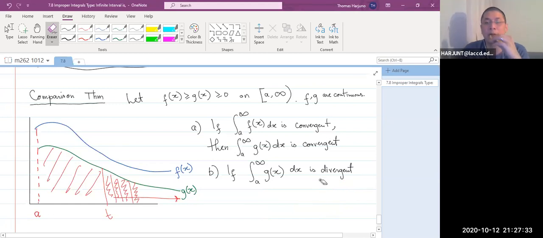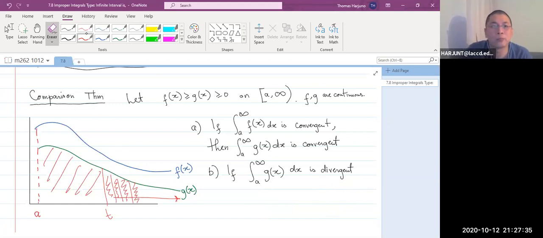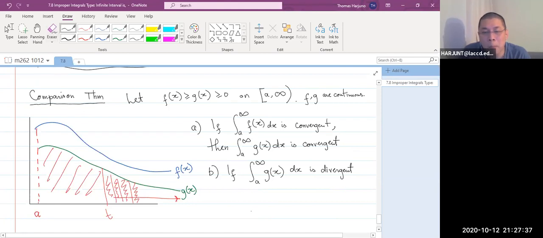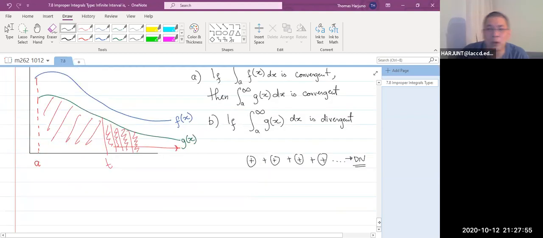Here you need to have some instinct. Now, if you have positive number plus positive number plus positive number, you keep on adding positive area. And you say at the end, oh, you know what? The area is divergent. And will the divergent refer to negative infinity?